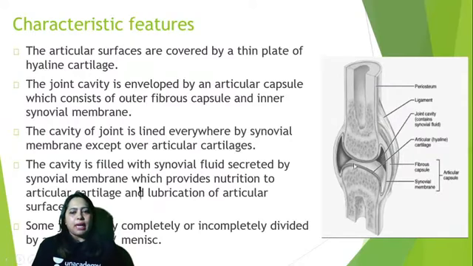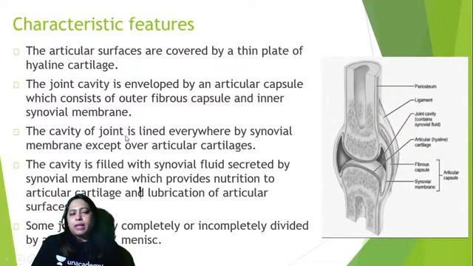Now here you can see the hyaline cartilage and the joint cavity. The joint cavity will be filled with synovial fluid that is secreted by the synovial membrane. So the articular surfaces are covered by a thin plate of hyaline cartilage, which is the first point, and then the joint cavity is enveloped by the articular capsule. It consists of the outer fibrous layer and the inner synovial membrane. Together you can call it the articular capsule.